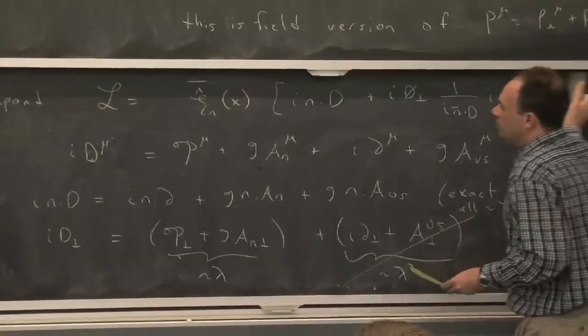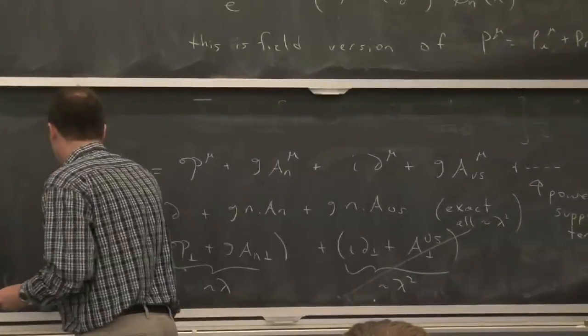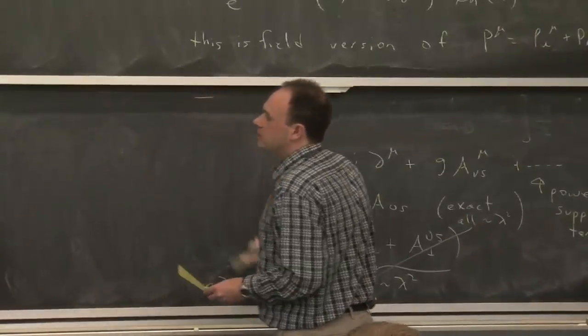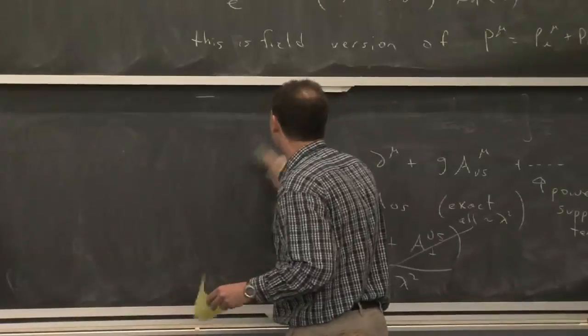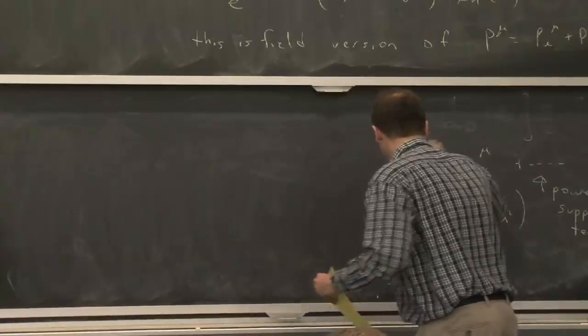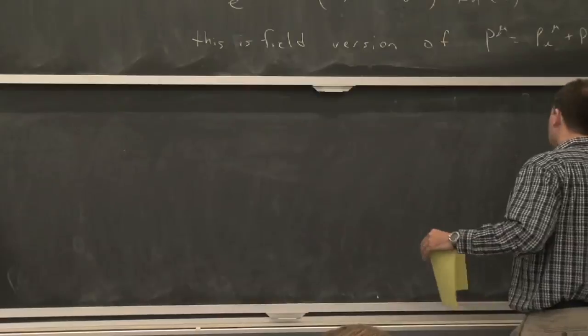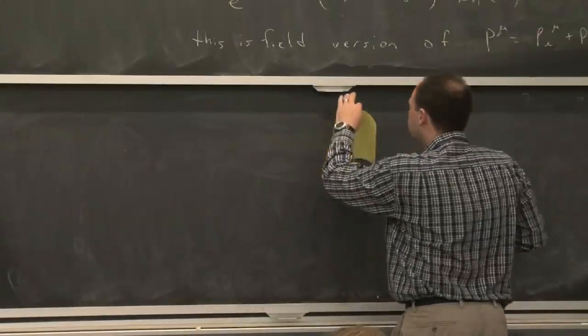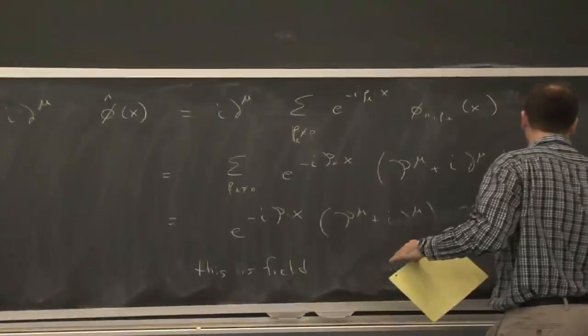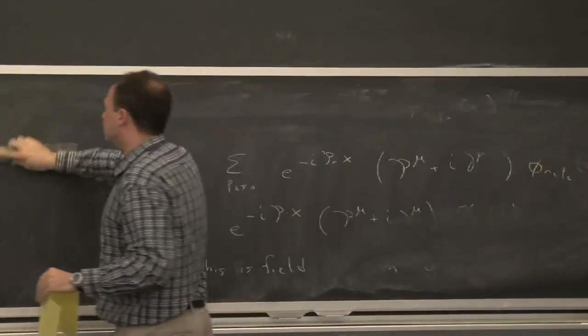What about locality? Well, all the fields in this Lagrangian are at x. So it is local in the residual momenta. We said that already when we were drawing Feynman diagrams, and that's just true of the action.